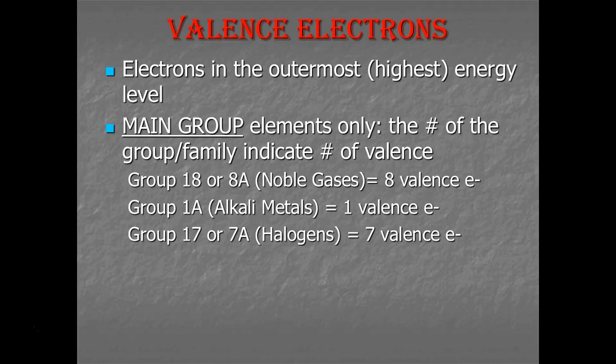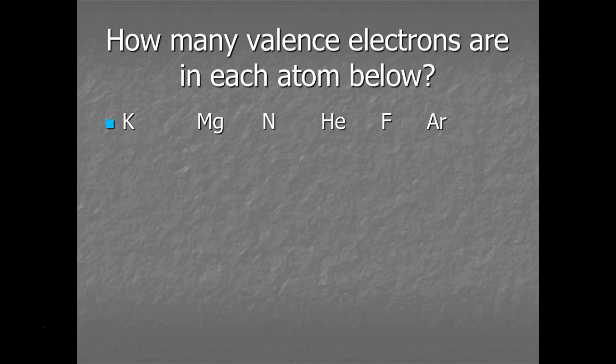You can guess the 2nd column has 2. The 3rd column, the one with boron, has 3. The 4th column, with carbon, has 4. The 5th column, with nitrogen, has 5. The 6th column, with oxygen, has 6, and it goes across like this. So by identifying what column they're in, you can figure out how many valence electrons.